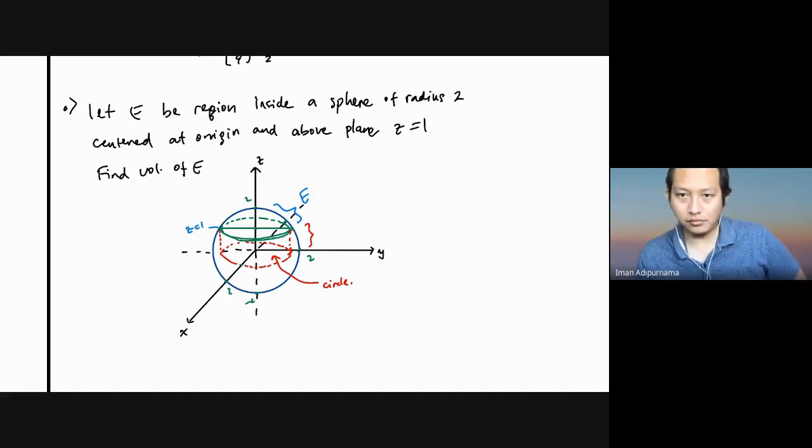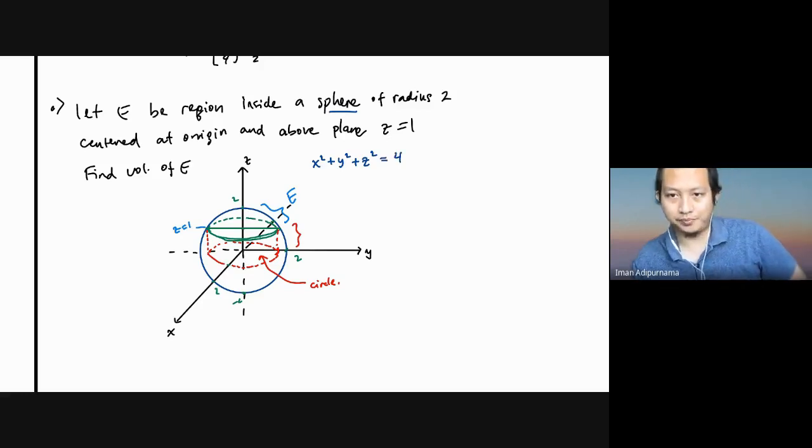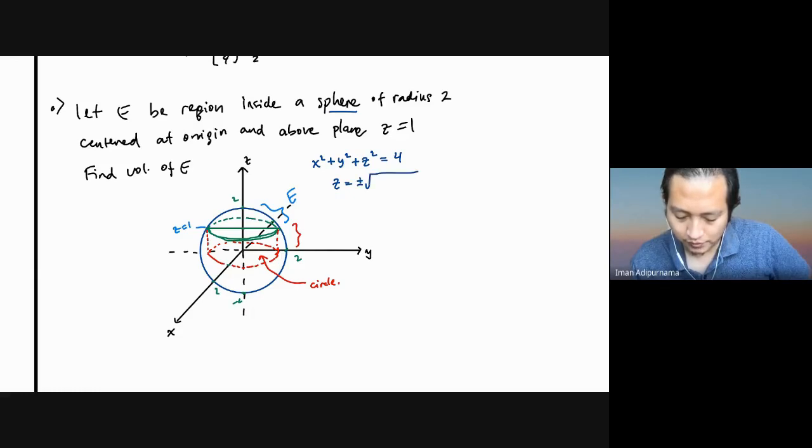So what can we do now? First, we need to write the sphere equation to define the functions for the surface. The sphere has radius 2, so x squared plus y squared plus z squared equals 4. And then we can solve this for z, so it will be plus minus the square root of 4 minus x squared minus y squared.